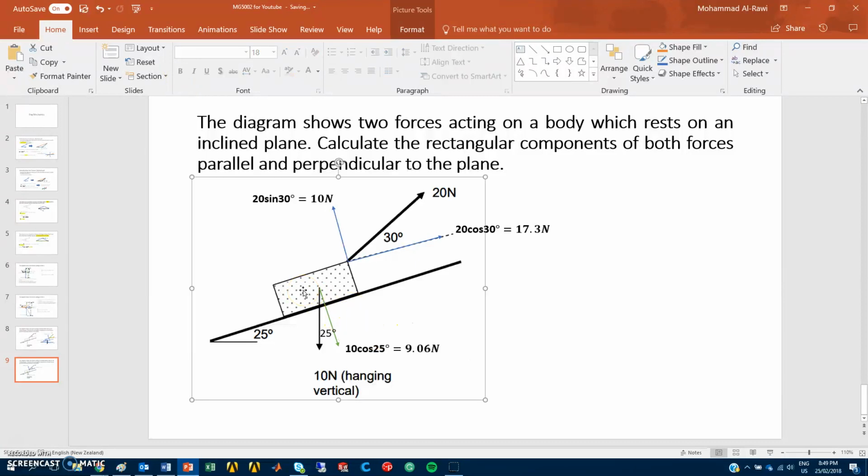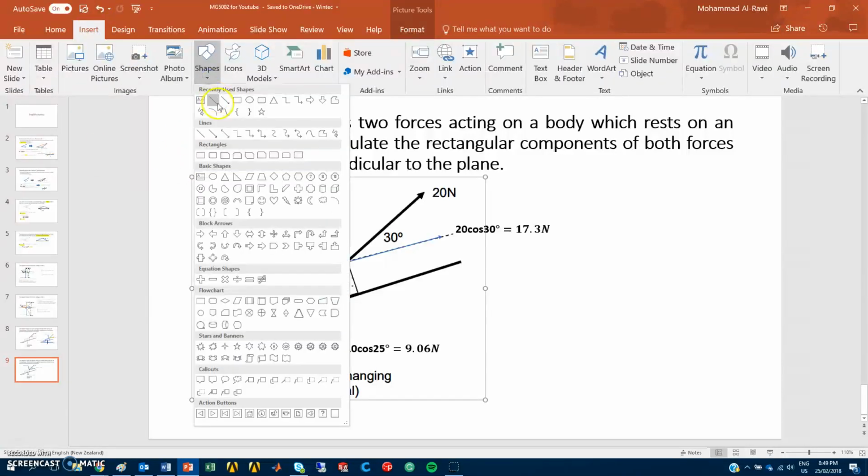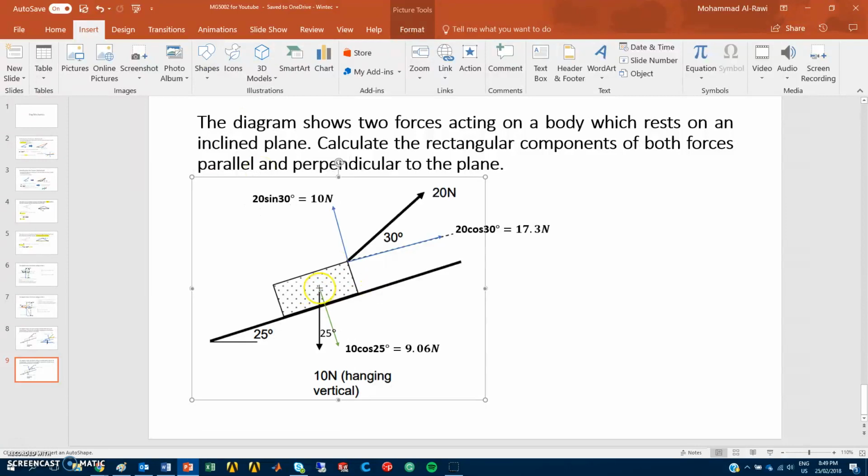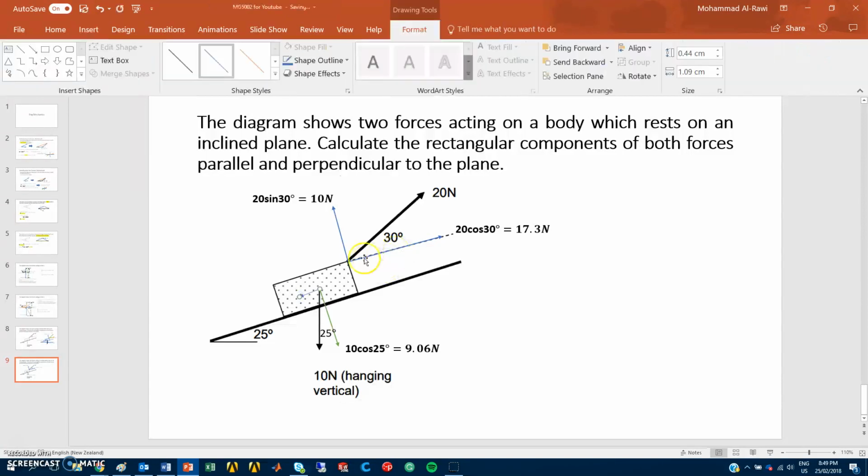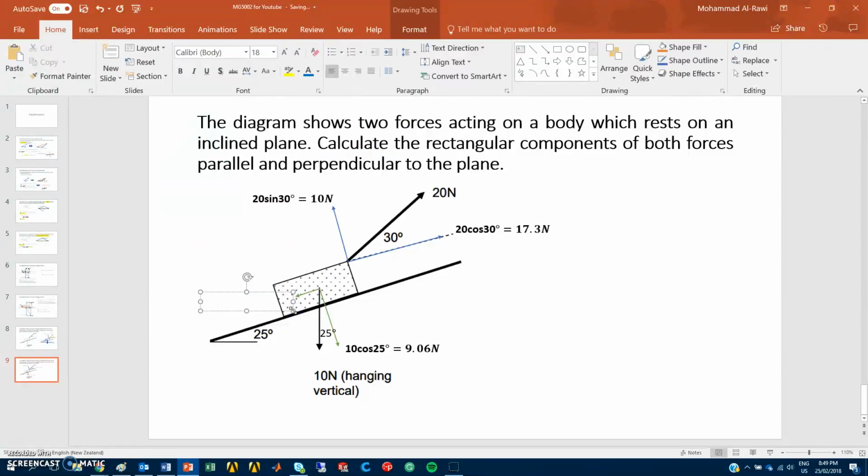Now, if we try to close that, we'll have another component going in the horizontal direction, which is going in that way. So that component should be parallel to this one. So I'm trying to make it look a bit parallel, and then I will use the green color to write it down. So the magnitude for this force will be 10 sine, and the angle again is 25 degrees.